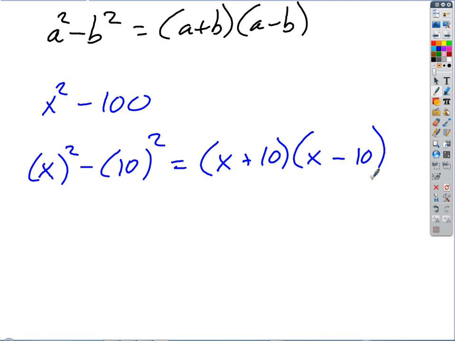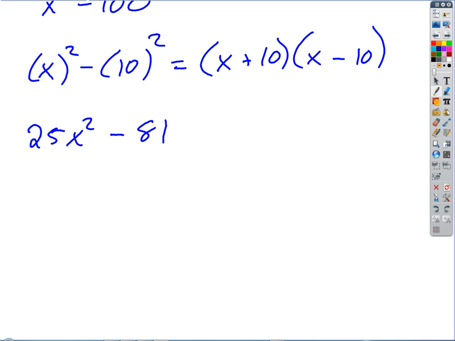Those can look a little more difficult. What if you had, say, 25x squared minus 81? Can I break that up into something squared minus something squared? This one's probably the easiest: 81 is 9 squared. Now, what about the 25x squared?